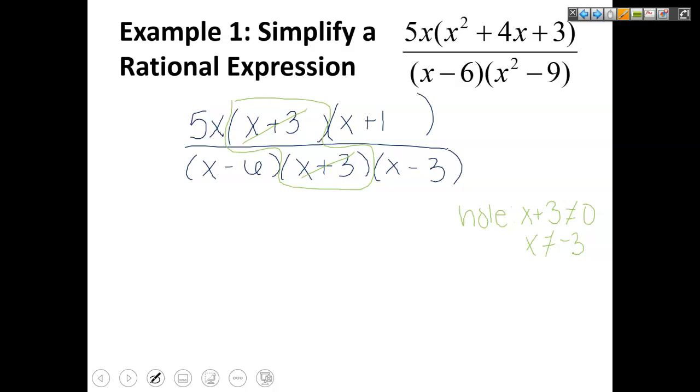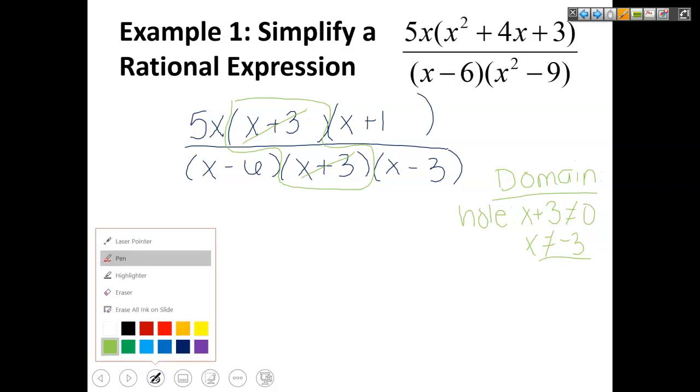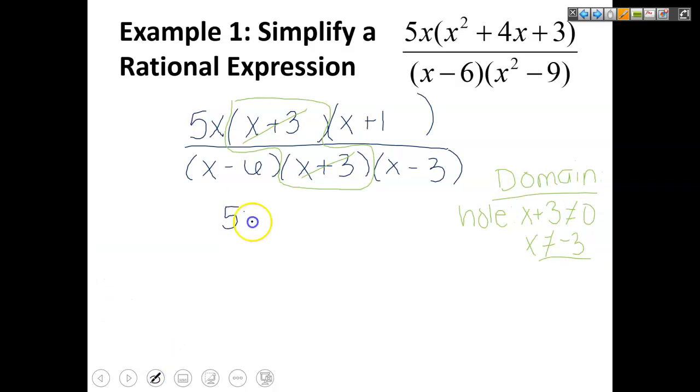So when we talk about domains, we have gotten rid of negative 3. Now I have 5x, x plus 1, over x minus 6, x minus 3. Nothing else can be simplified, nothing else can be canceled. If I finish my domain, we know that the denominator cannot be 0.